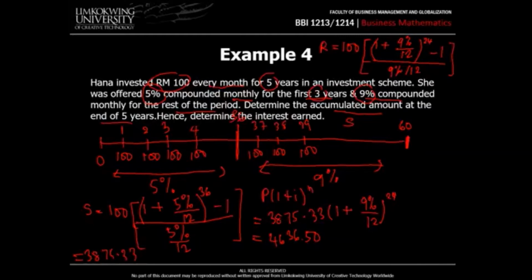Okay, so press the calculator. What is the answer? Carefully press. Yeah? So R is... I get 15952.